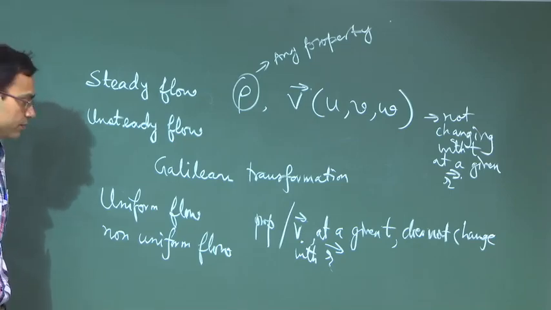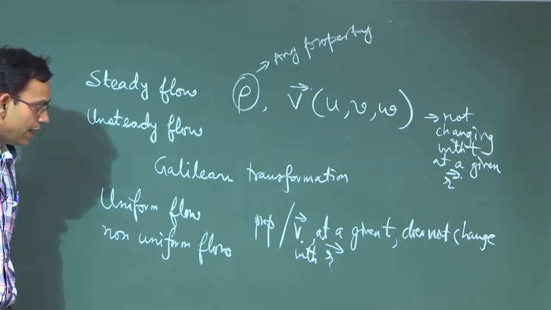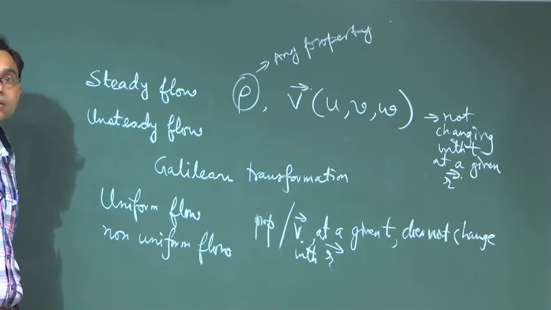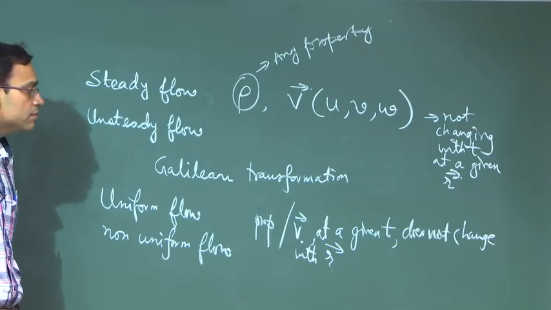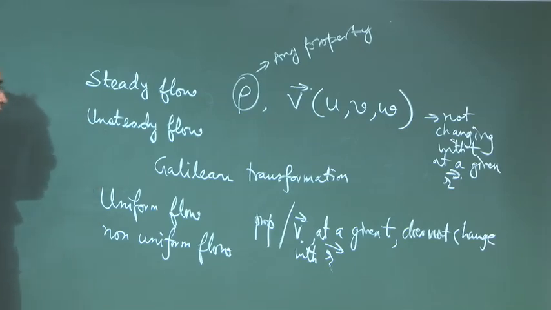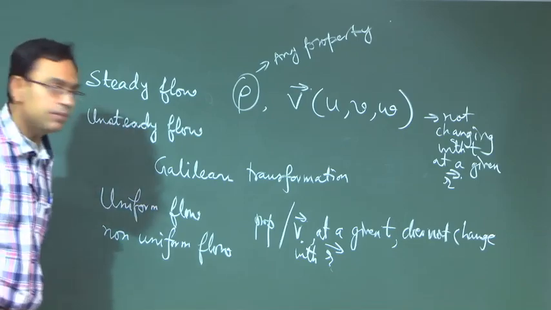Non-uniform flow means that either property or velocity will change with location at a given time.